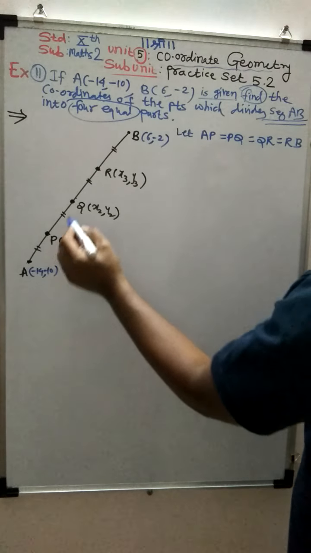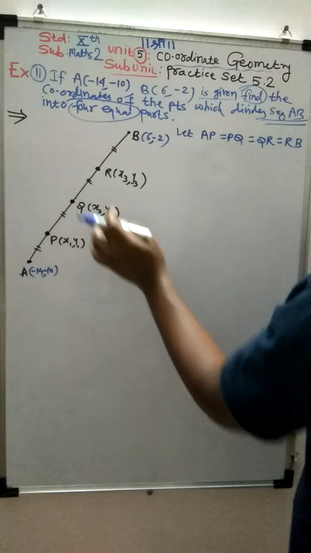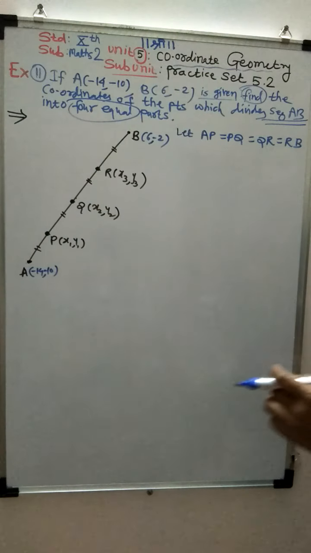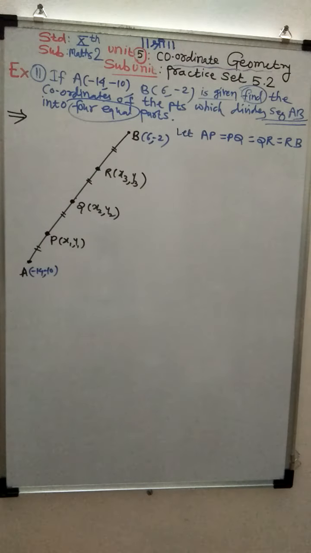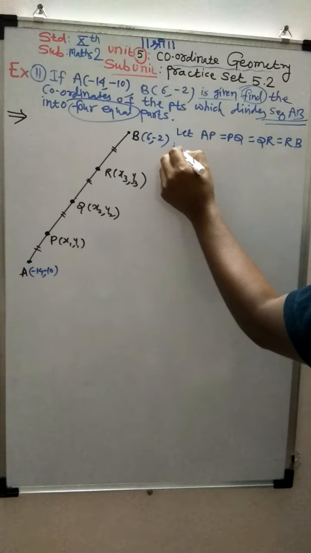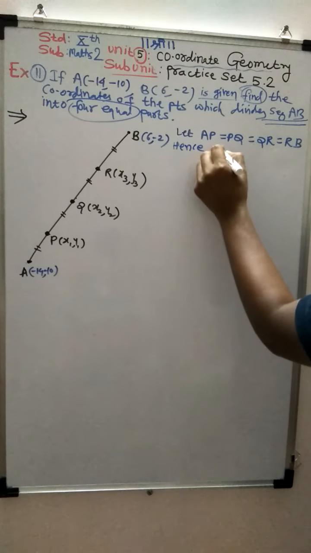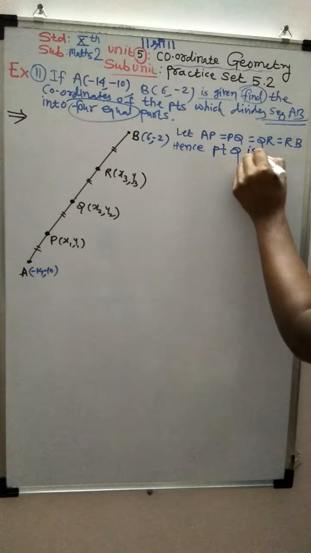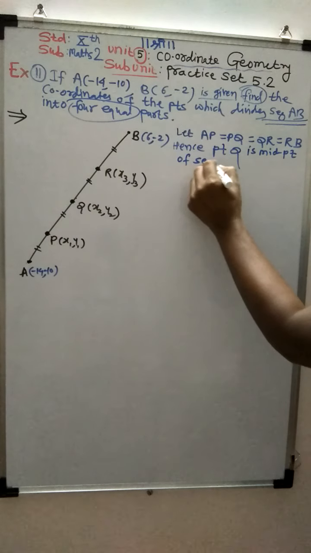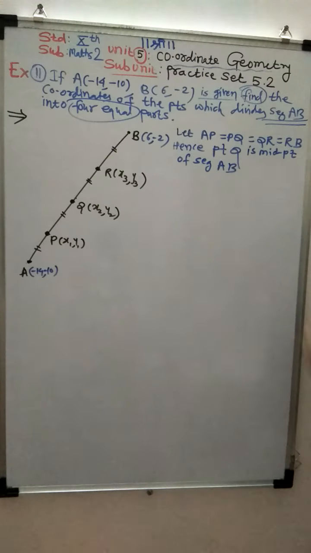So we conclude that, see here, if these are 4 congruent parts, then at the point Q, segment AB is divided into congruent parts. Q is the midpoint of the segment AB. Hence we conclude point Q is the midpoint of segment AB.